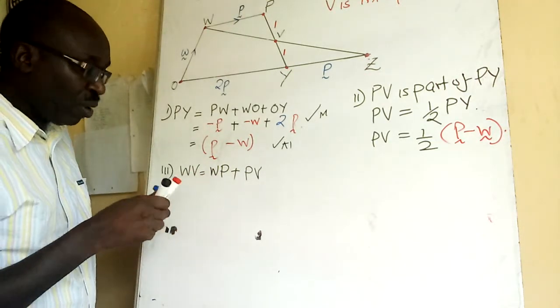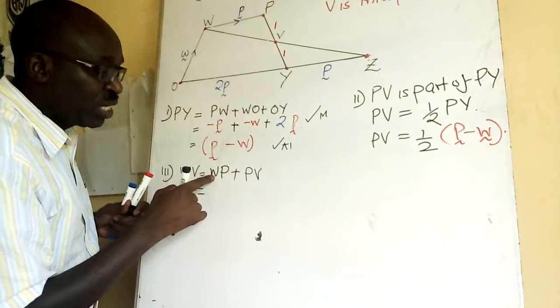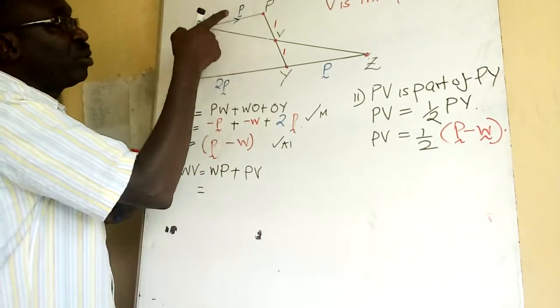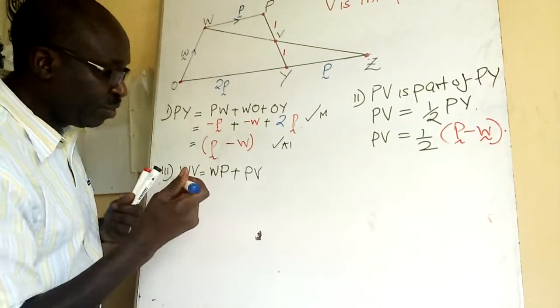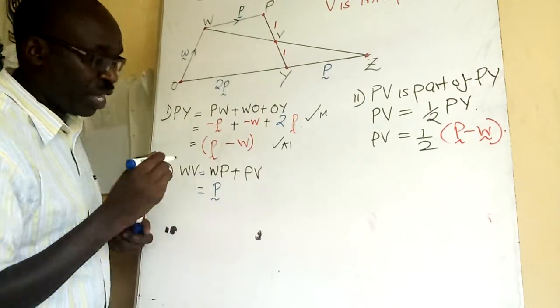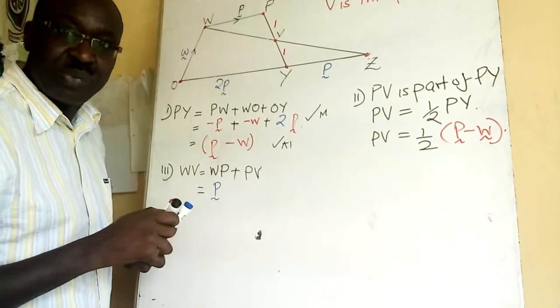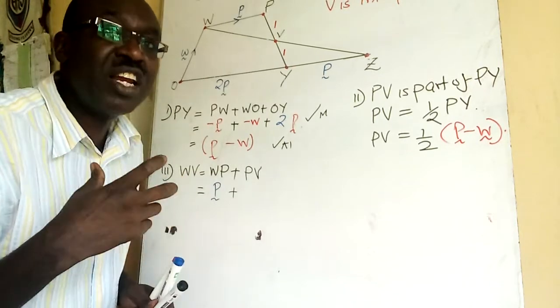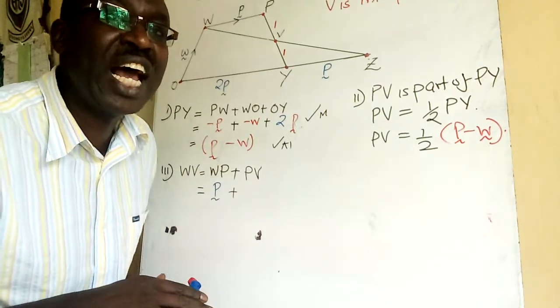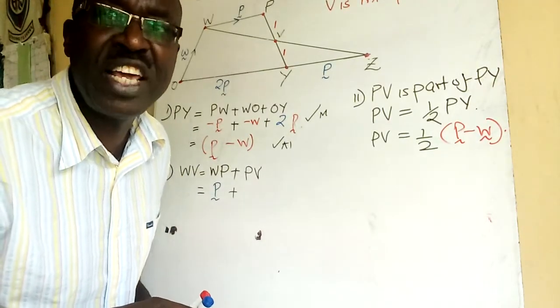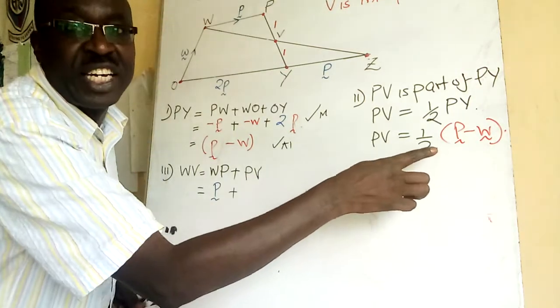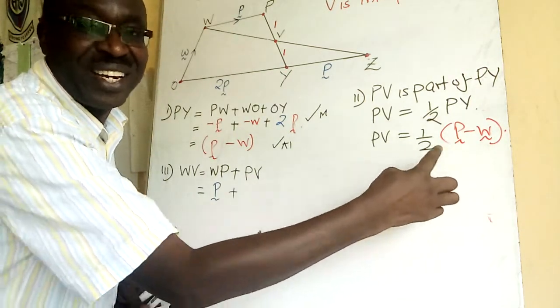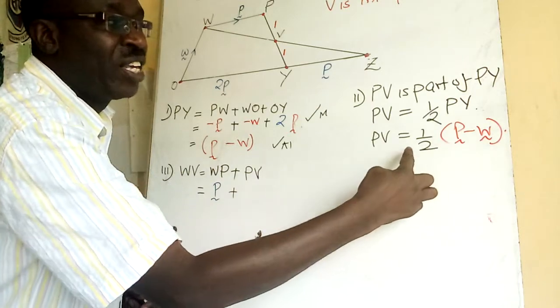So what do you do now? You say, what is WP? I want to move from W to P. I've already been given the vehicle there. That is what has been given. Then plus PV. PV, even though we were not given the direct vehicle, we did it. This is PV.